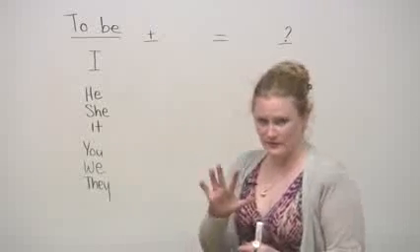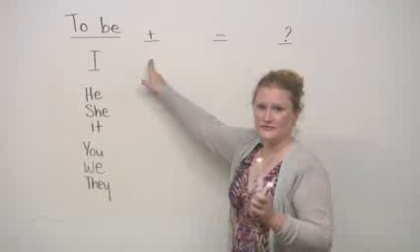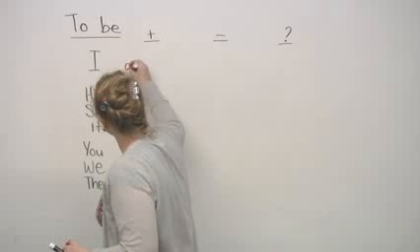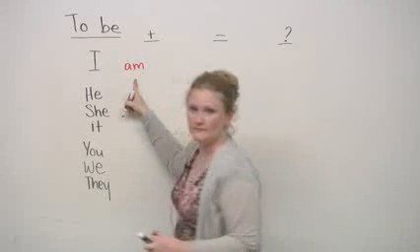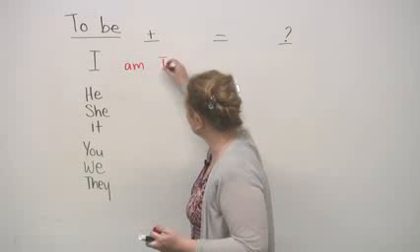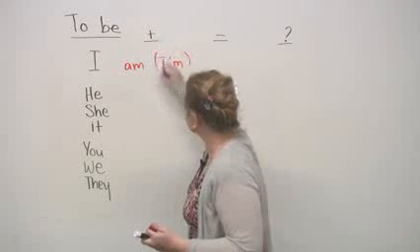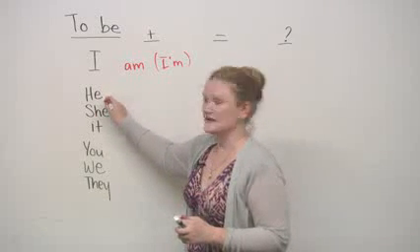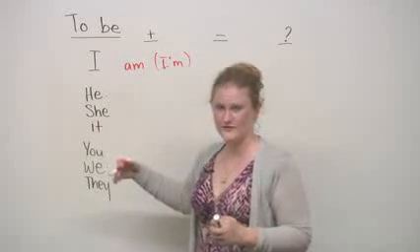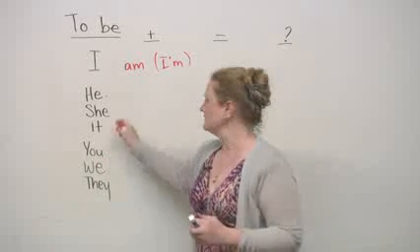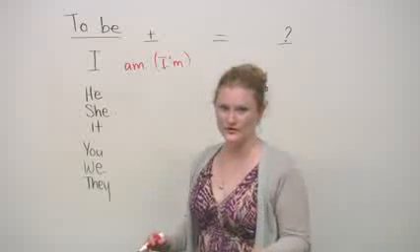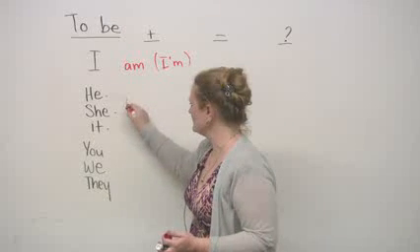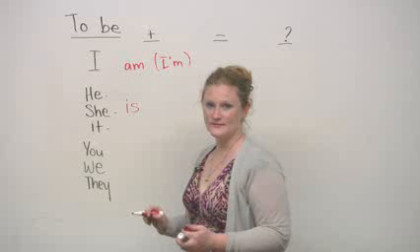So, the first thing we have to do is go through the positive. We say, I am. Or you can also say or write, I'm. It's the same thing. With he, and this is a man or a boy, she, who's a girl or a woman, and it, we have to use is.